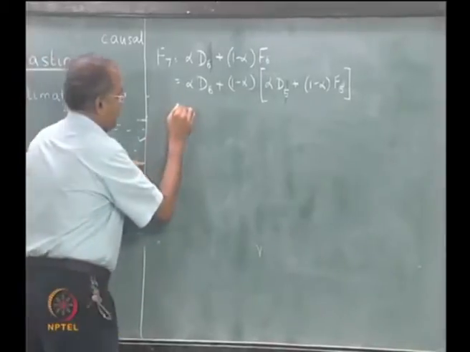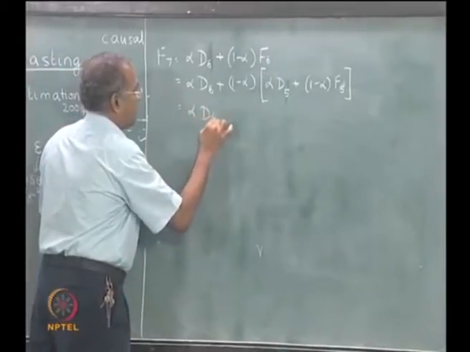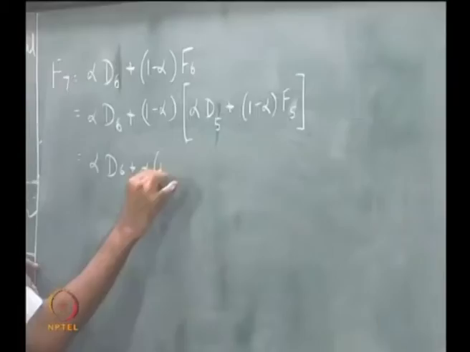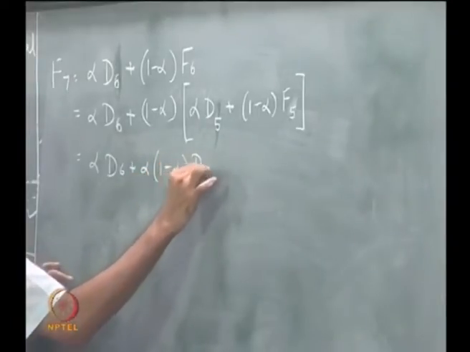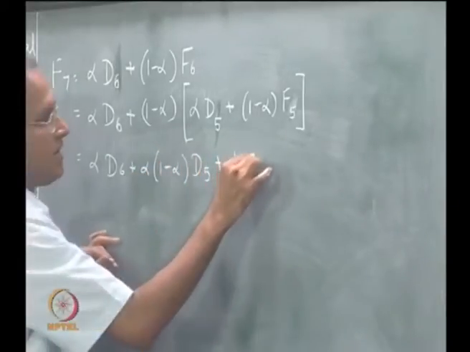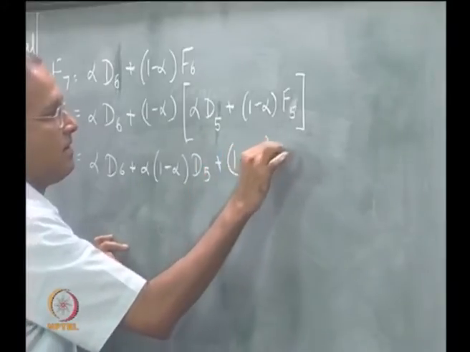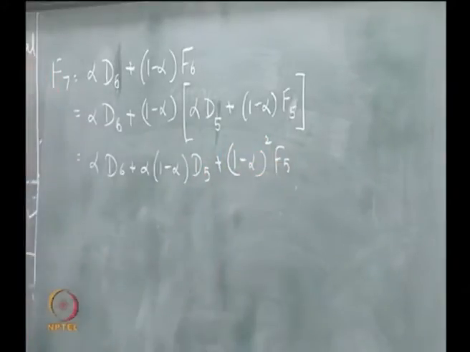On simplification this will give alpha D6 plus alpha into 1 minus alpha D5 plus 1 minus alpha square F5.